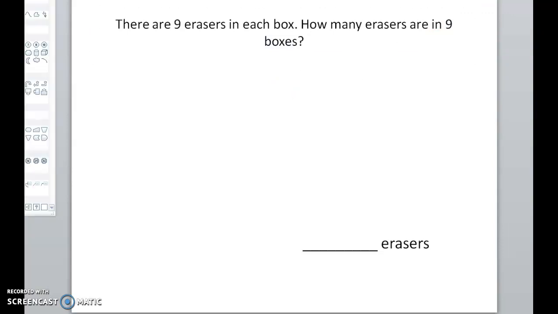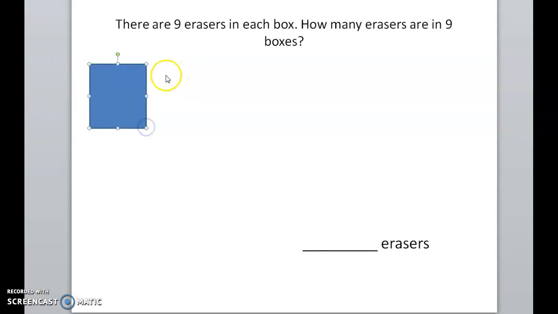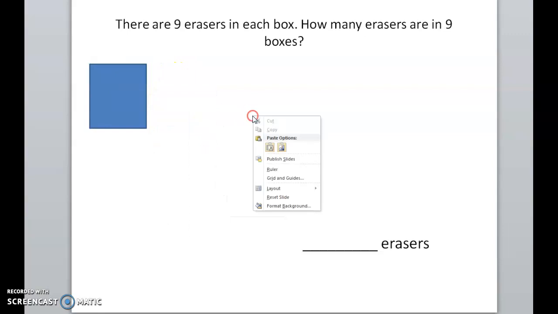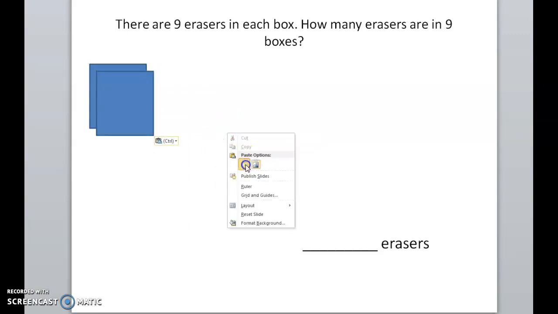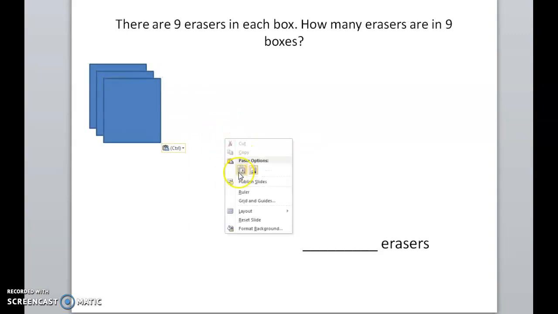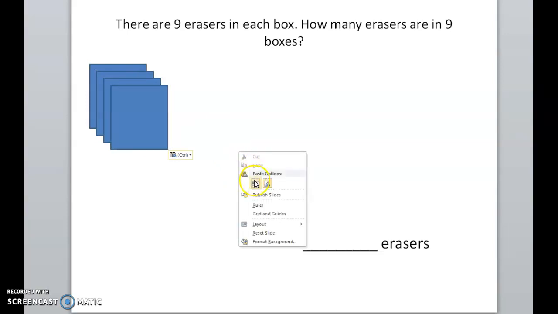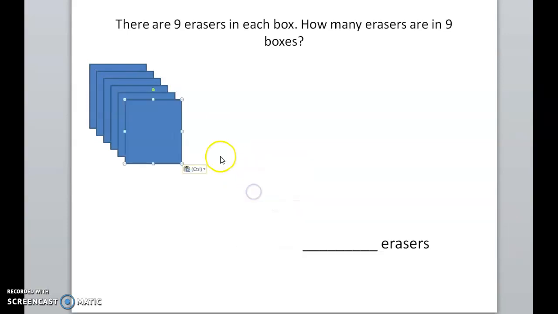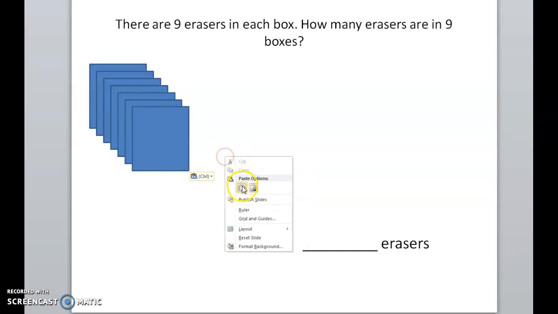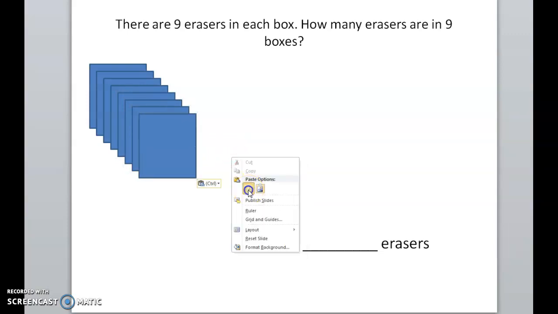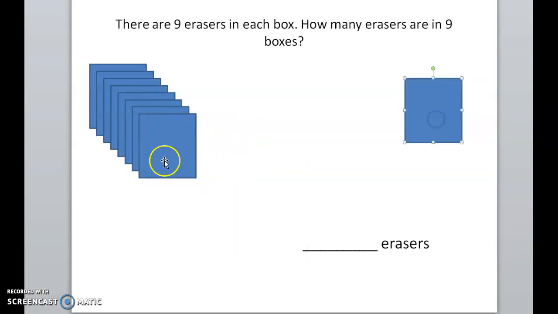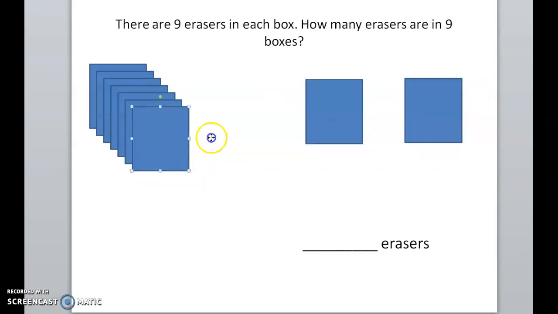So we'll do the same thing. 1, and then we'll copy and paste that. 2, 3, 4, 5, 6, 7, 8, 9. And then we'll just spread those out.